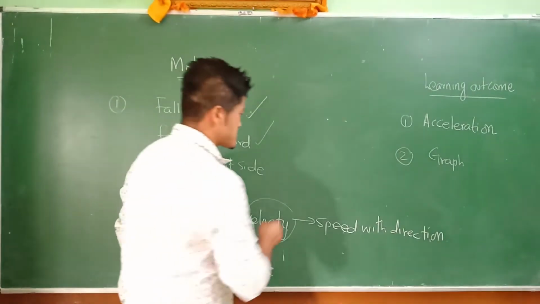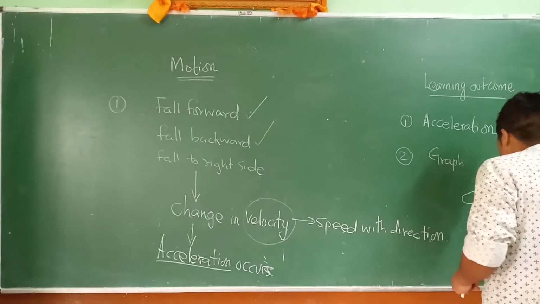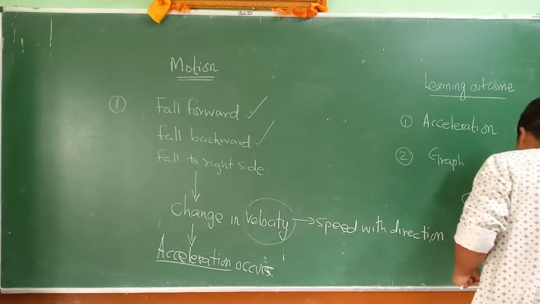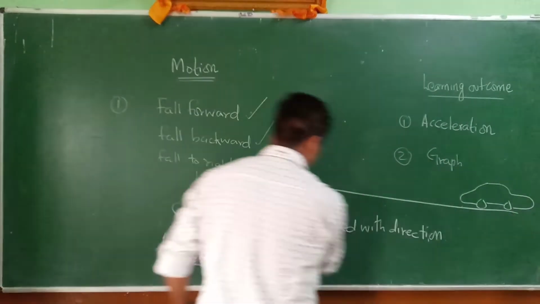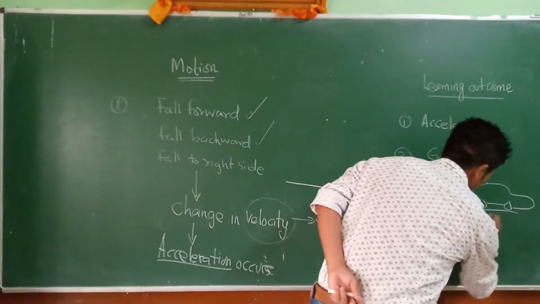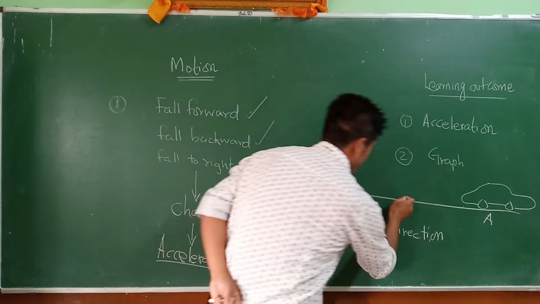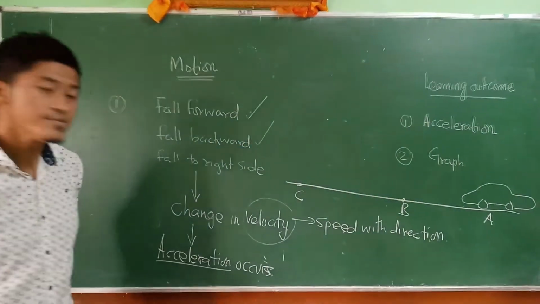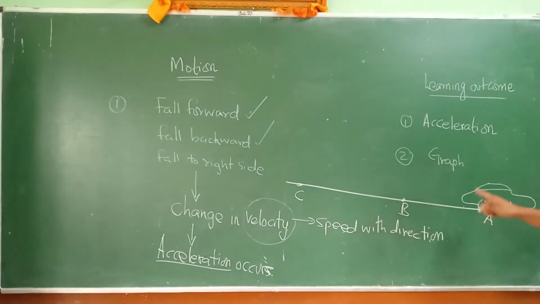Suppose, imagine, this is a car here, and these are the positions A, B, and C. Right? If this car is traveling at a speed of 80 km per hour, in 1 hour this car covers 80 km.